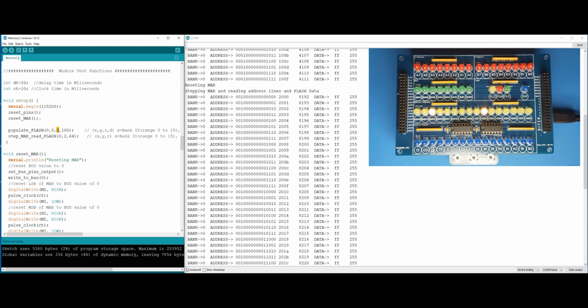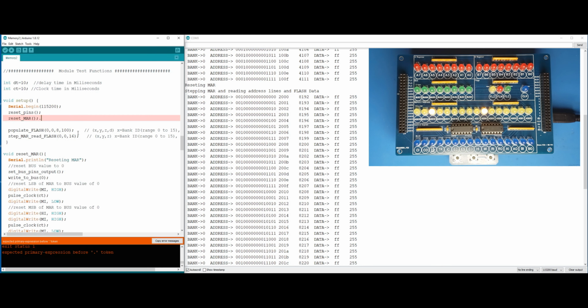We're going to write 8 bytes to it, and we're just going to write a value of 100 to it. Then we're going to read the same location. So bank 0, sector 0, and we're going to read it for 16 bytes. All right, so let's run that.